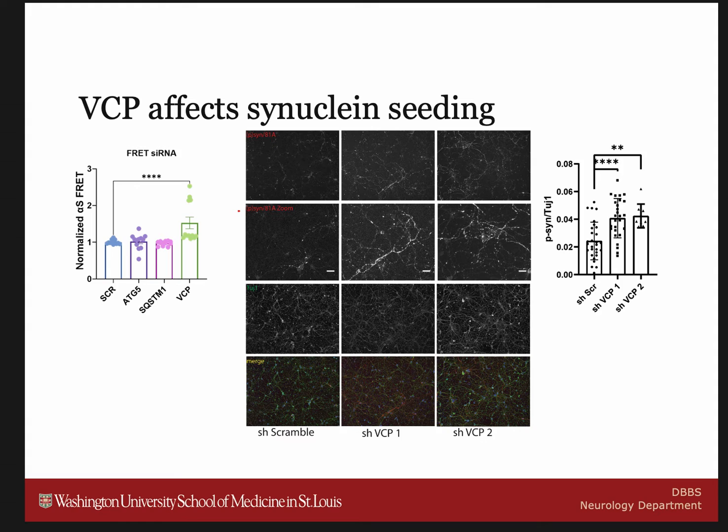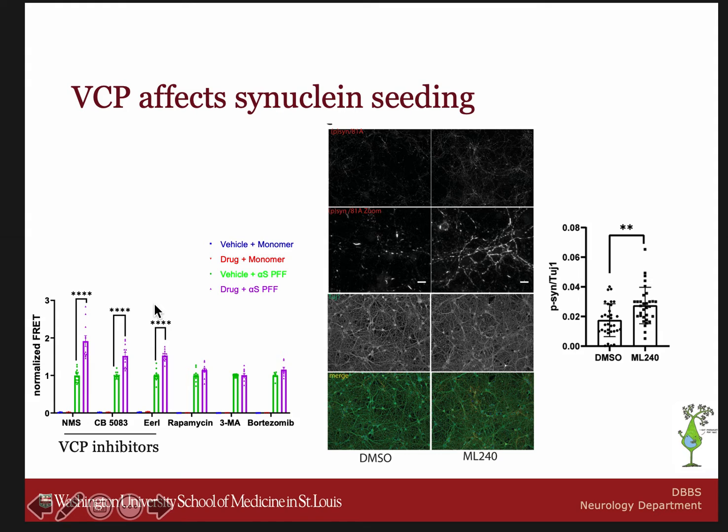First of all, we validated in another system, primary neuron cultures, and we found that when we knock down VCP in the primary neurons, alpha-synuclein is more likely to form aggregates, as shown over here, which phenocopies what we found in the alpha-synuclein biosensor line.